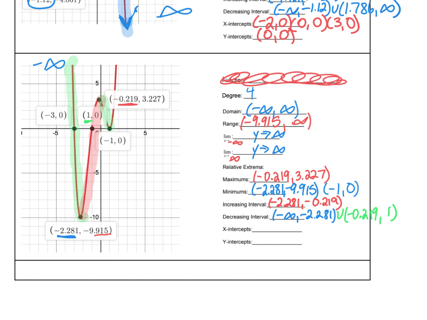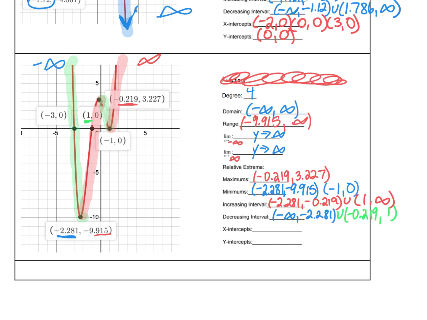Okay, and then again, with the roller coaster, picking back up from 1 and going to infinity, because that's right forever. So 1 to infinity would be increasing. So that one had 4. Okay.